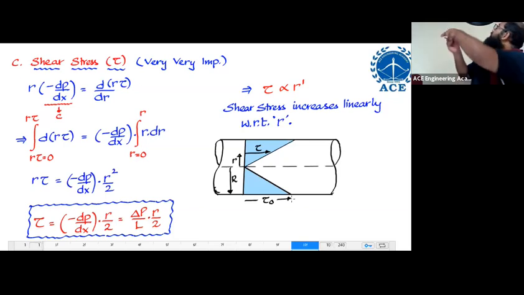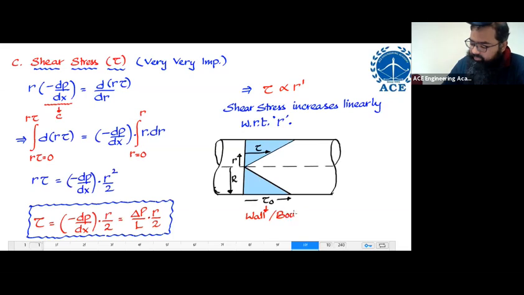This maximum shear stress is known as the wall or boundary shear stress. Very significant shear stress. You'll see in the next slide why it is significant.